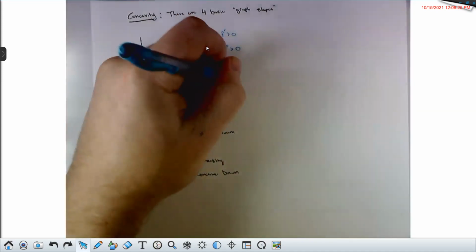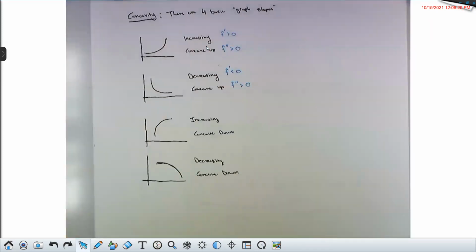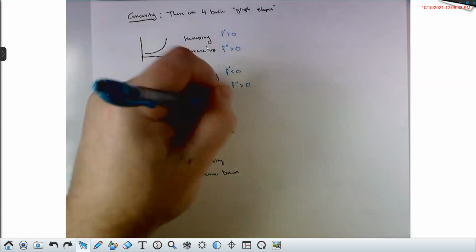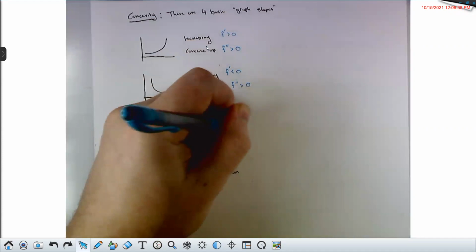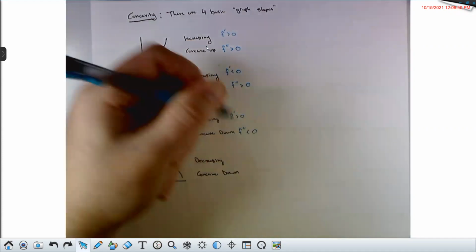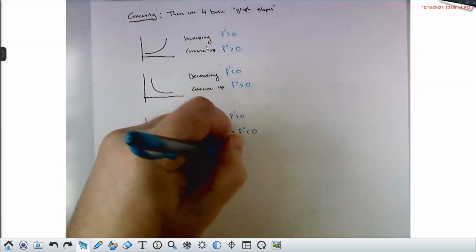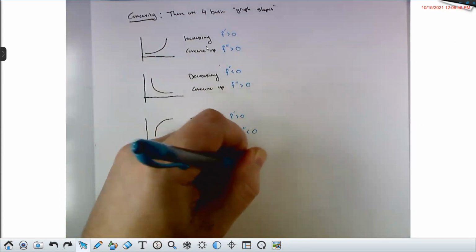And concave up, again, is associated with the second derivative being positive. Increasing, so f prime is positive. Concave down here would mean f double prime is negative. Decreasing would mean f prime is negative, and concave down would mean f double prime is negative.